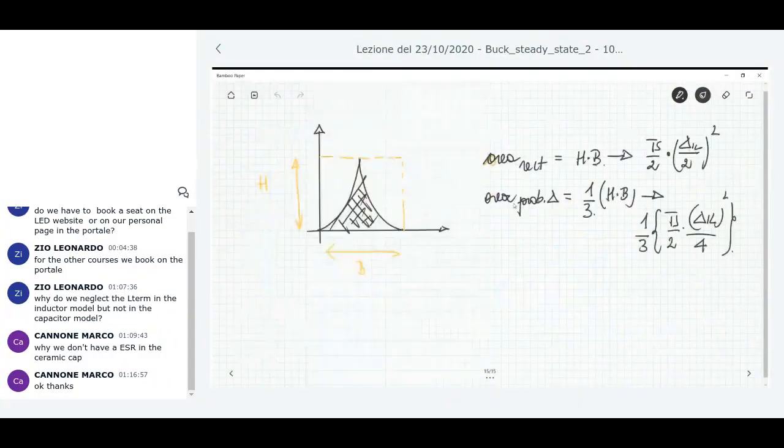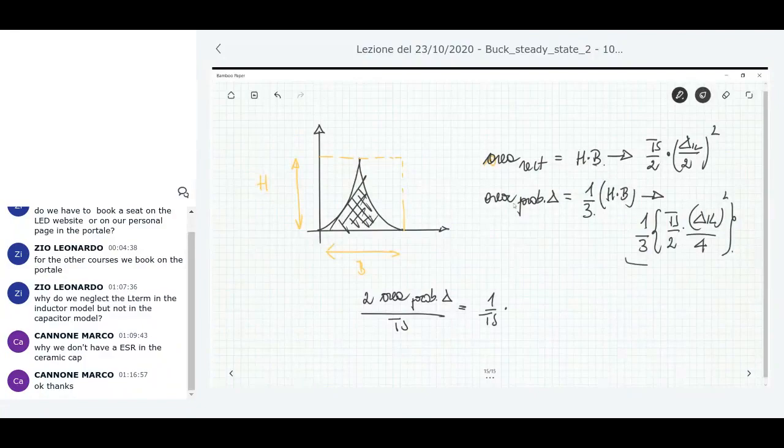So you have two areas of parabolic triangles in Ts, divided by Ts. So I have 1 over Ts of 2 times what I computed here: 1/3 of Ts times delta IL squared over 4.